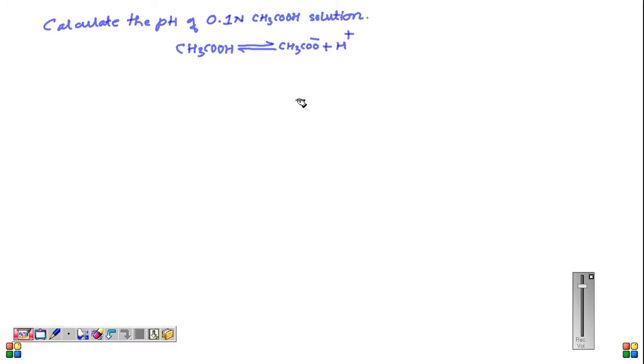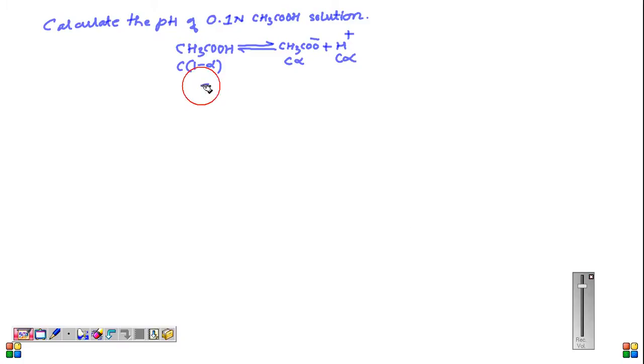If alpha is the degree of dissociation and C is the concentration of the weak acid, while discussing Ostwald's dilution law we have studied that at equilibrium the concentration of acetic acid is C into 1 minus alpha, where alpha is the degree of dissociation of acetic acid, and the concentration of acetate ions at equilibrium is C into alpha, and the concentration of H plus ions at equilibrium is C into alpha.